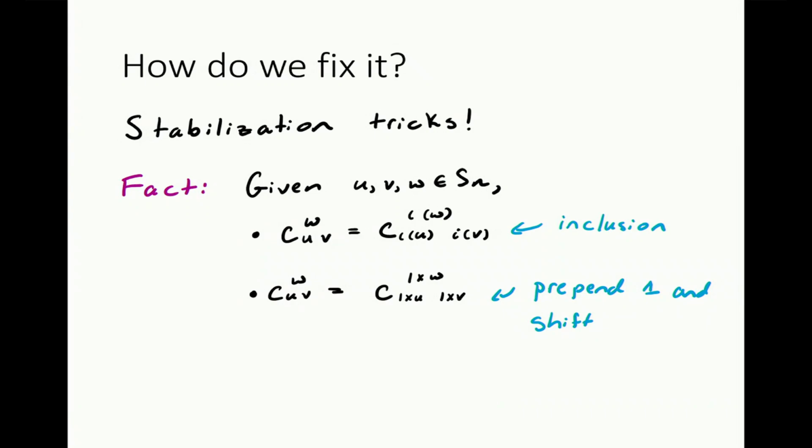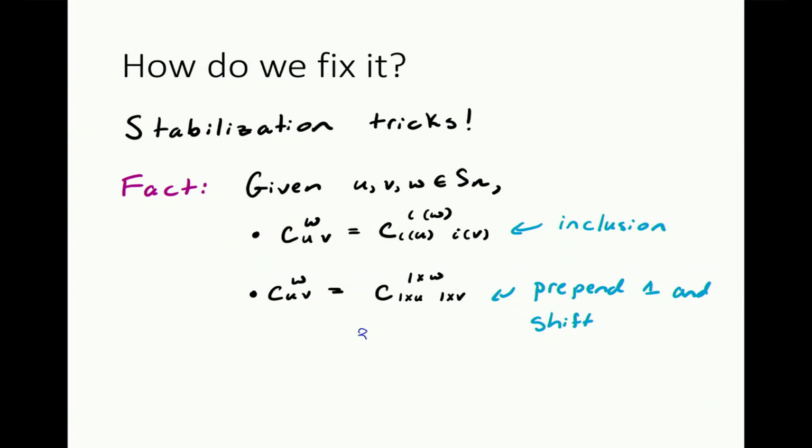So if we have u, v, w in Sn, it's a fact that the Schubert structure constants satisfy these equalities. So if we just include all of these permutations into the next symmetric group up, the structure constant stays the same. And then we can do this little back-stabilize-y looking thing where we prepend a 1 and then shift indices.